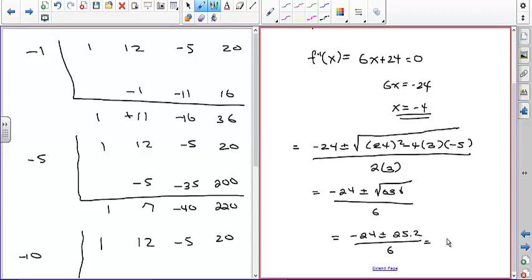So you're going to have 0.2, and take the negative: -24 minus 25.2, divided by 6, is -8.2. Okay, so those are the critical numbers, which are possible minimums and maximums.